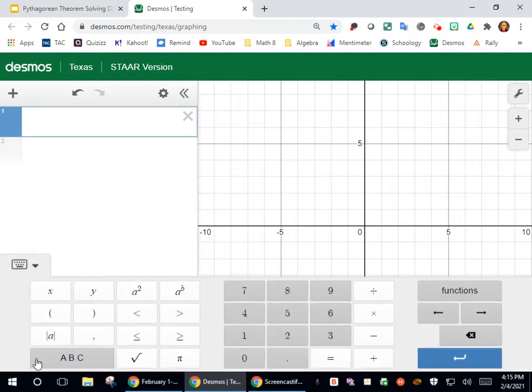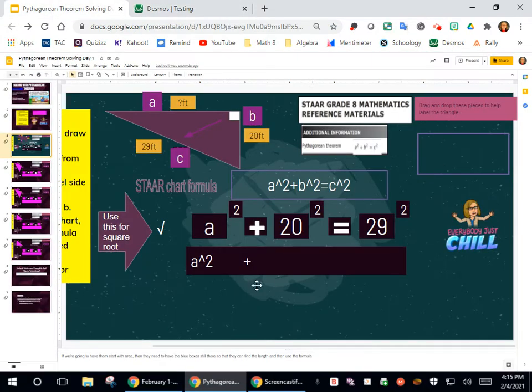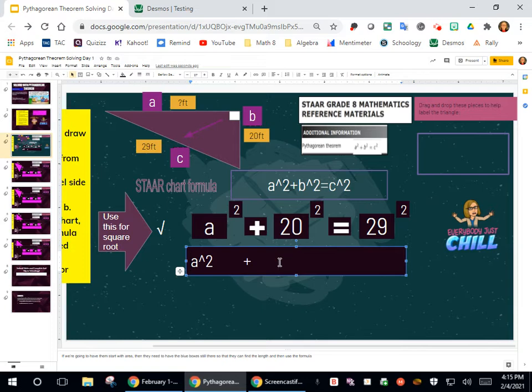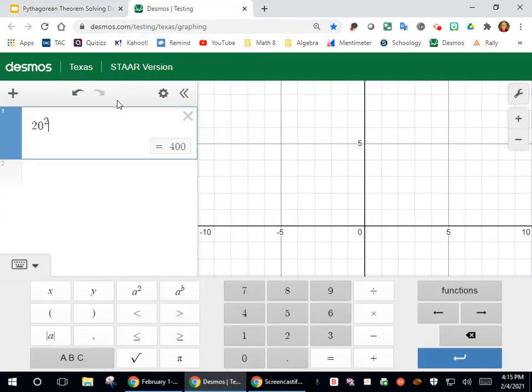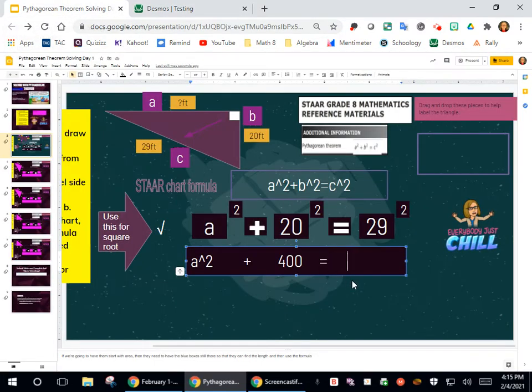You go to your keypad, you're going to type in 20 first, and then see this little a to the second power button? Boom. 20 squared equals 400. So, plus 400 equals 29 squared. 29 times 29. 841.